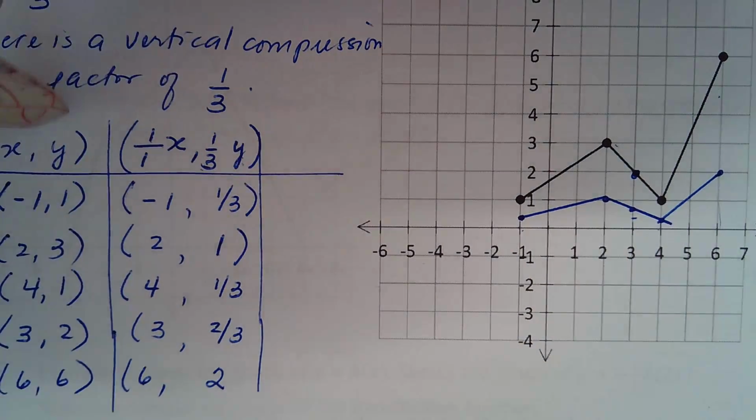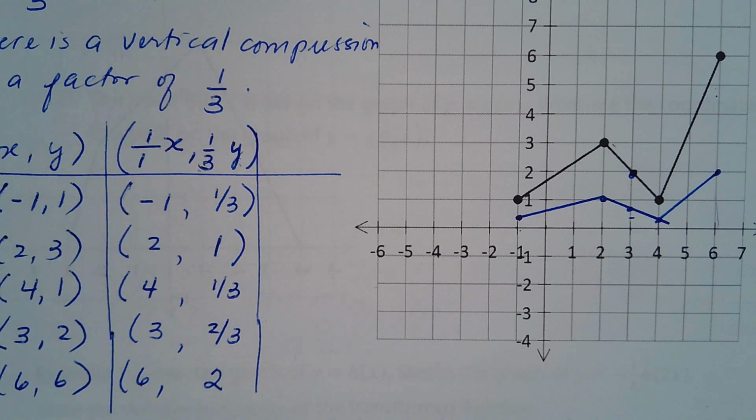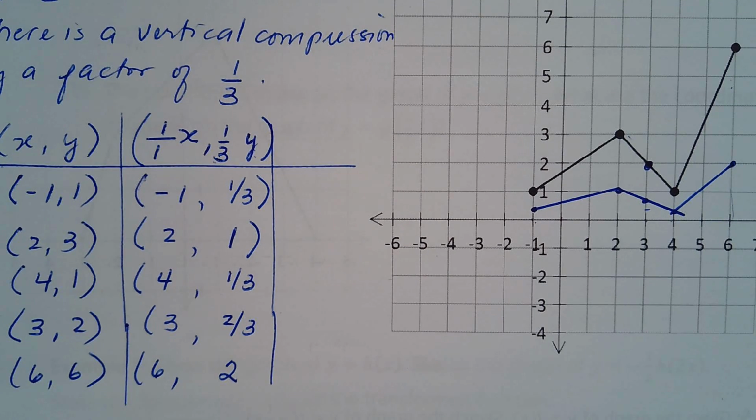So this one got like squished down. That's what it would look like now. Okay? So far so good. We're only focusing on the y, compression and stretching. Any questions there? You okay?